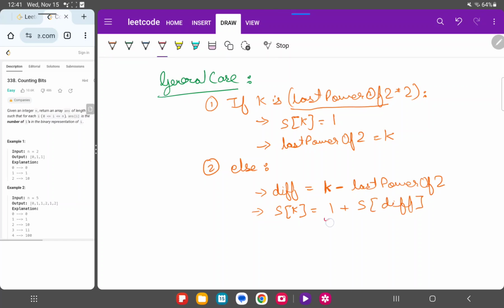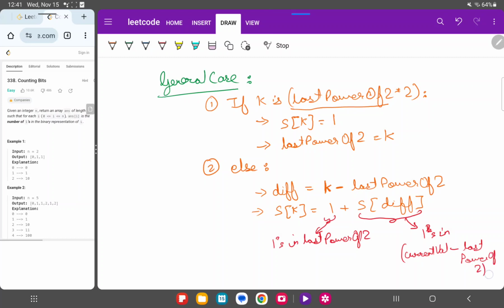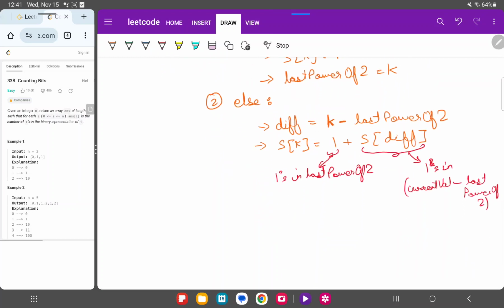As per what we had discussed, notice this is ones in last power of 2, and this is ones in current val minus last power of 2. So this is the same formula that we're using.